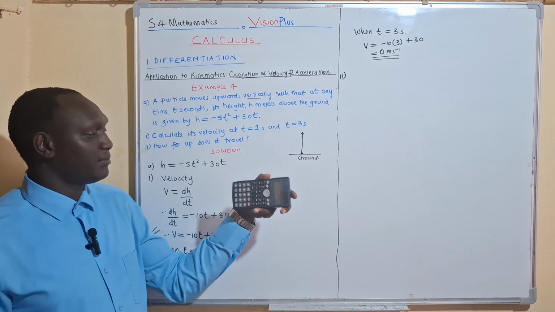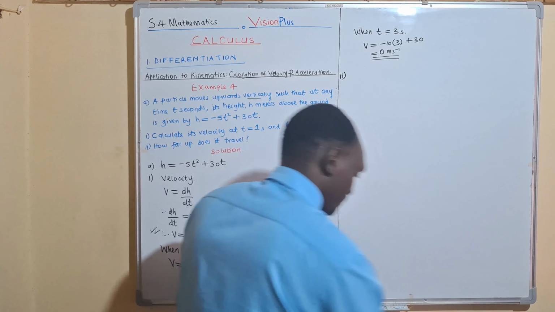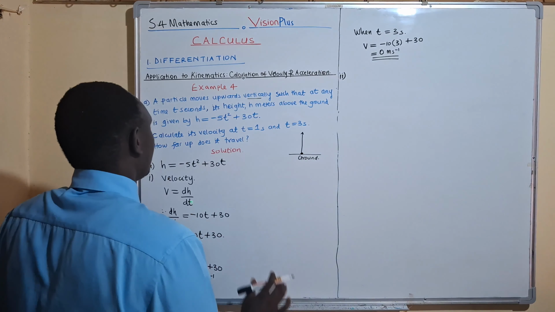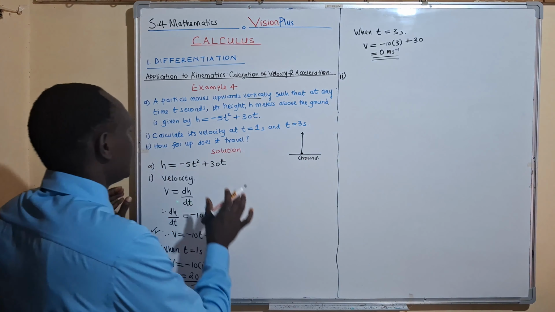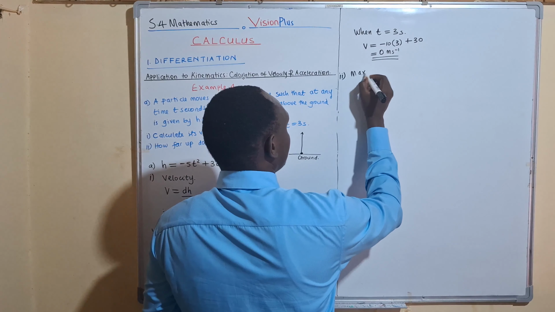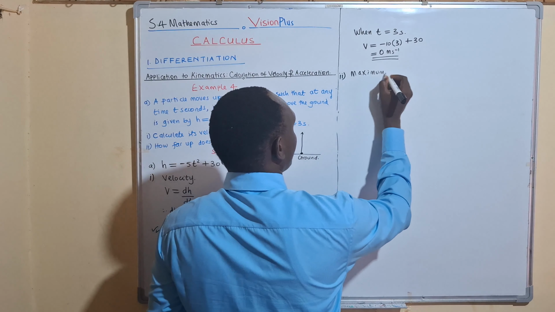The distance or the displacement, the height that the particle will travel is what we are calling the maximum height.